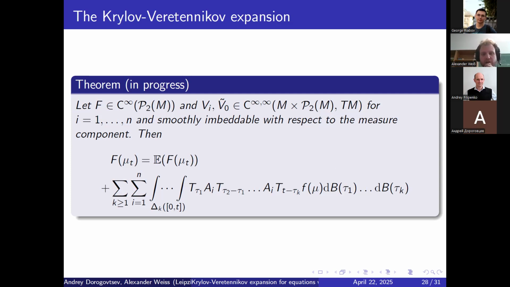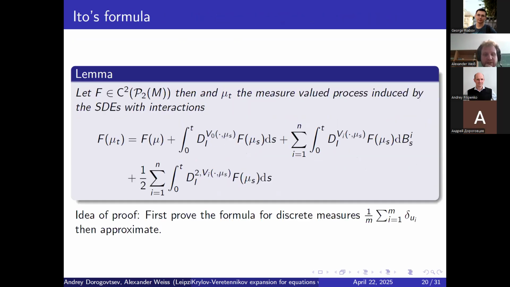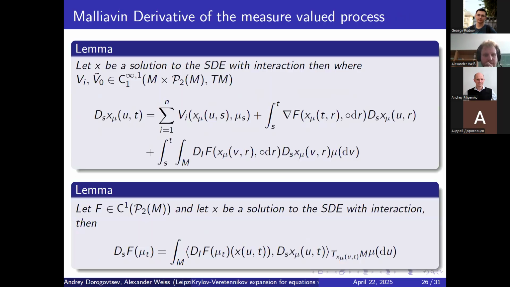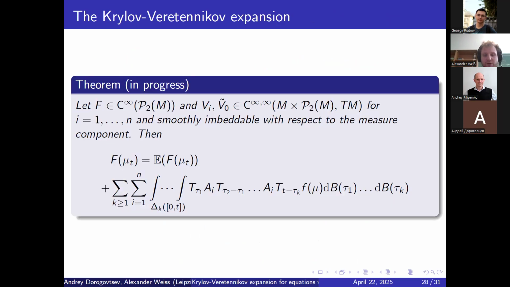Why is it in progress? Because I have talked about it as if everything has been proven. In order for this to make sense, we actually need smoothness with respect to our initial measure.